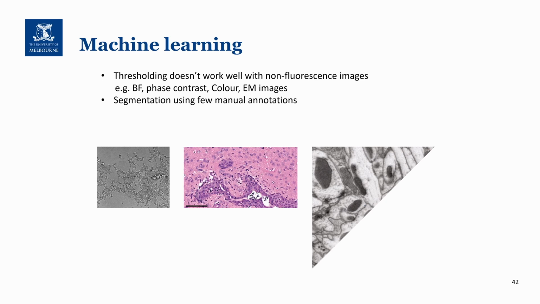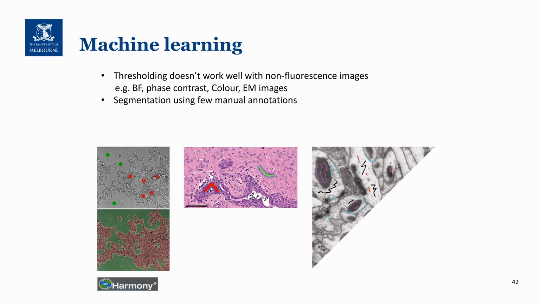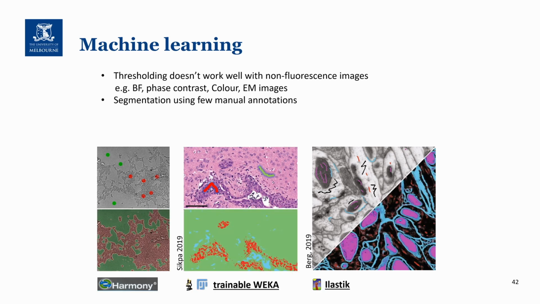The software will then analyze the image for different features, not just by intensity, but also by color, texture, and surrounding context, and then calculate the likelihood that each pixel will fall into one of these categories. Then it will create a probability map that we can convert into a binary image. These programs are often easy to use and don't require any programming. Examples can be found in Harmony, Fiji, and Elastic.